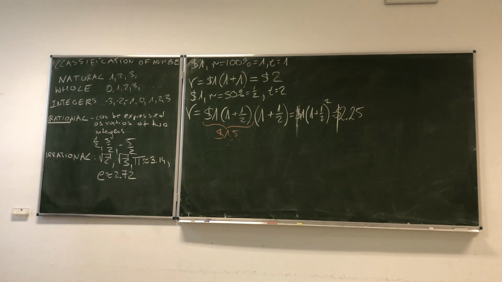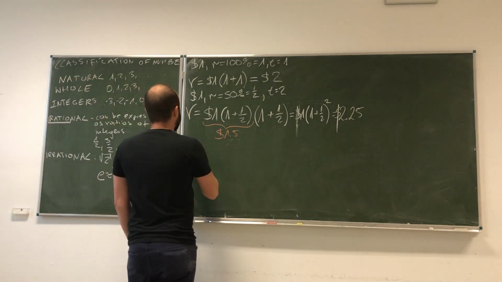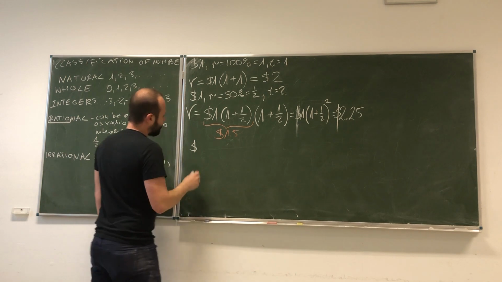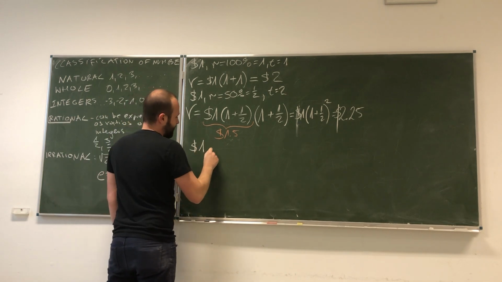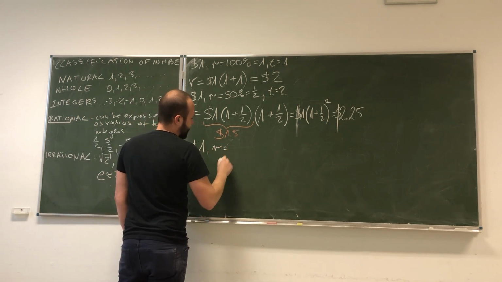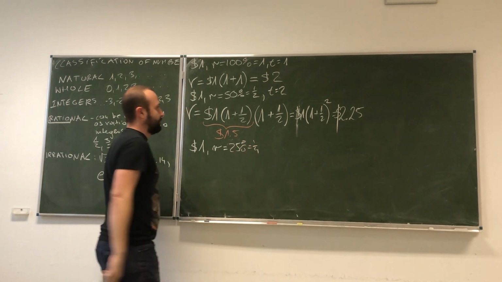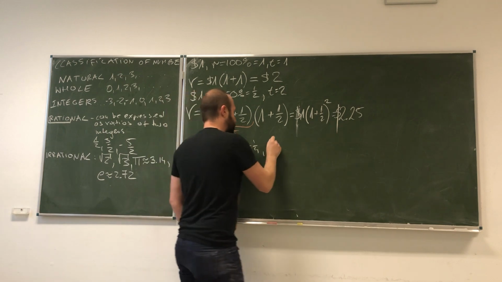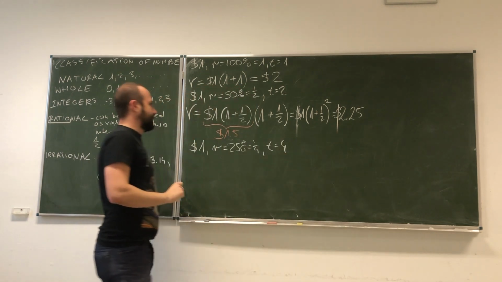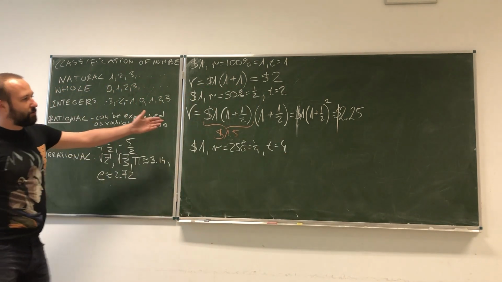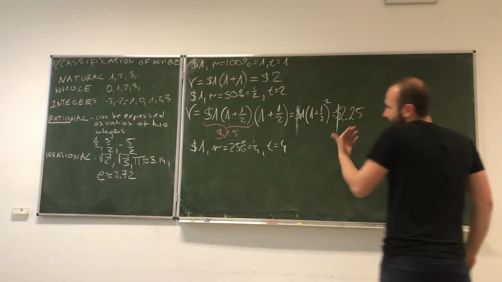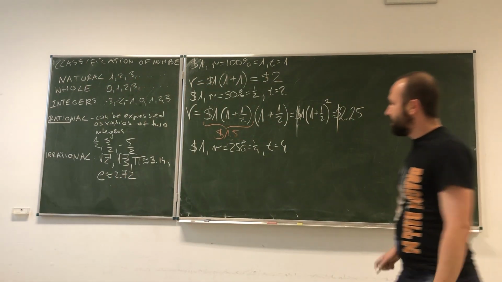Okay, so let's go one step further. What if we would have $1, quarterly interest rate would be 25% or 1 over 4, and we would have 4 capitalizations. Well, at this moment, I hope you figured out the formula, how we can calculate it.